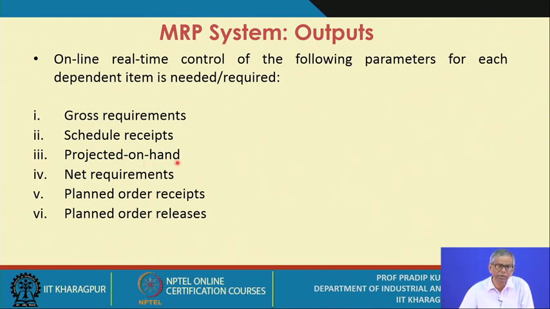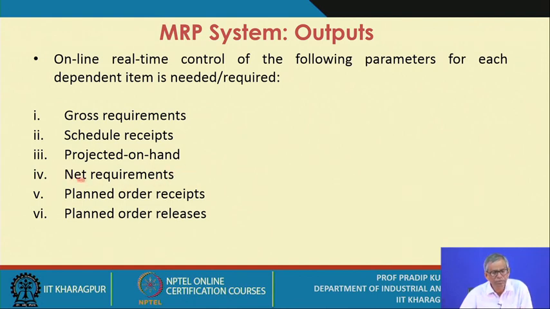Suppose this is the first day of the first week, and you have on hand inventory of a particular item. Now can you predict what could be the on hand inventory on the first day of the following week for the same item? Obviously there will be some assumptions, and for each item the projected on hand inventory level, you must be able to calculate, and we will calculate this in fact.